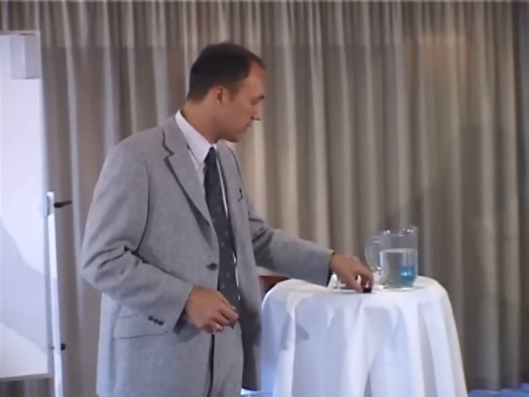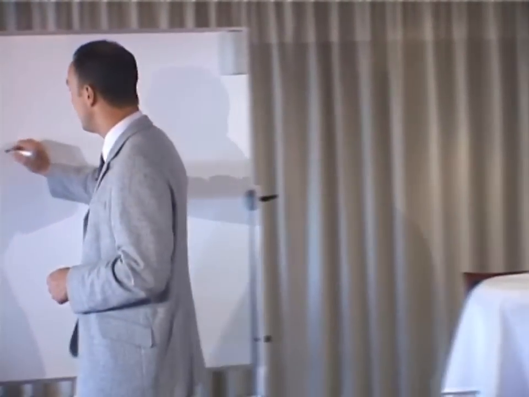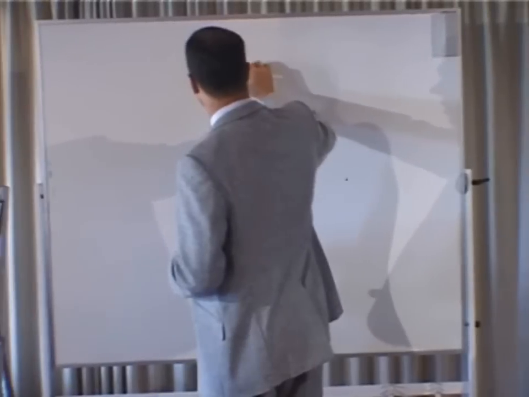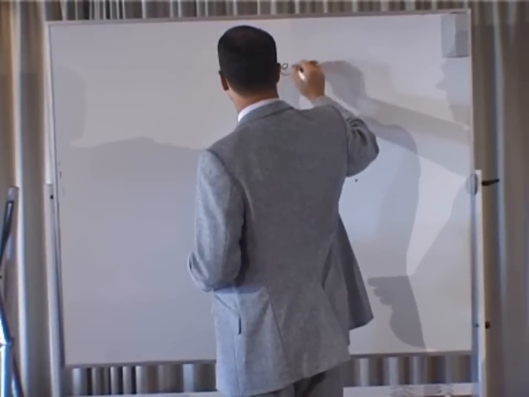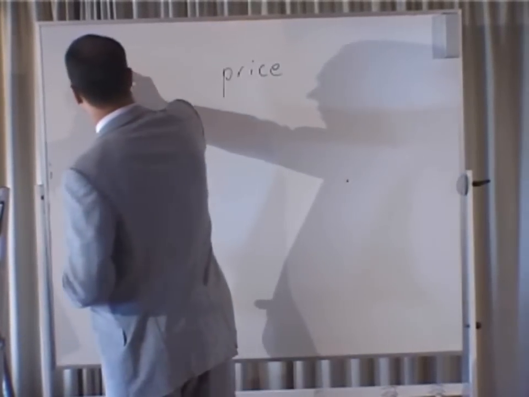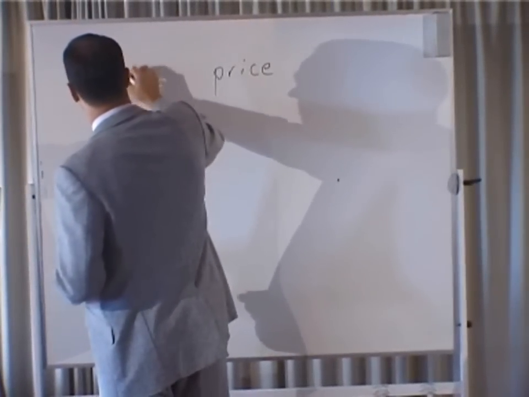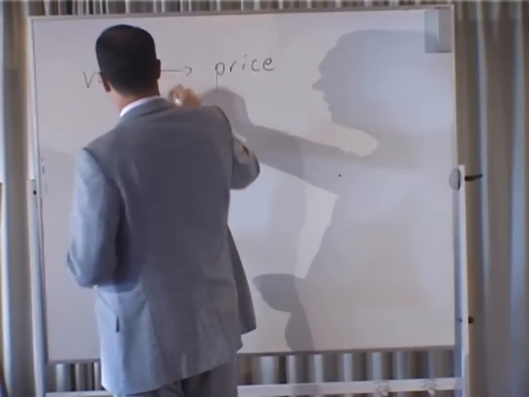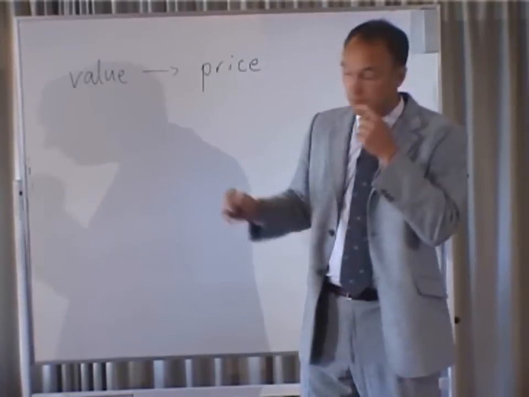The Austrians are famous for the approach, as they belong to the marginal utility or marginal value schools. They explain market prices in terms of a more general, underlying reality that they call value. So value then is the cause of price.